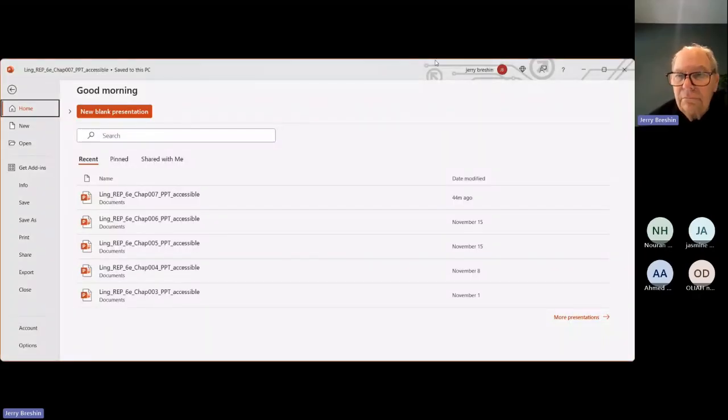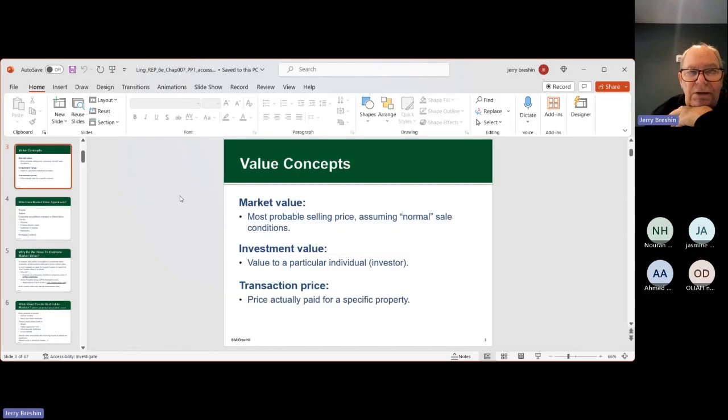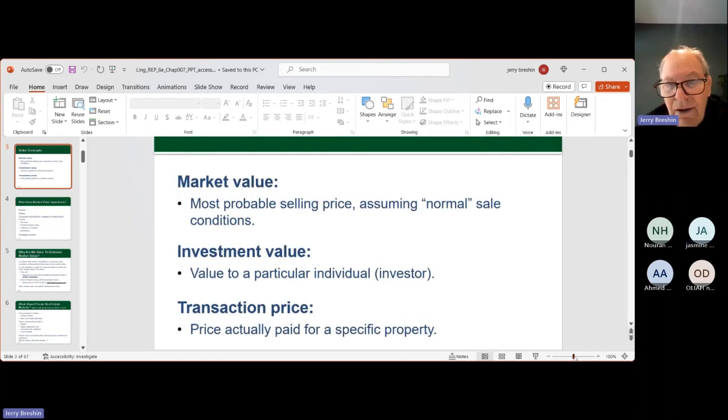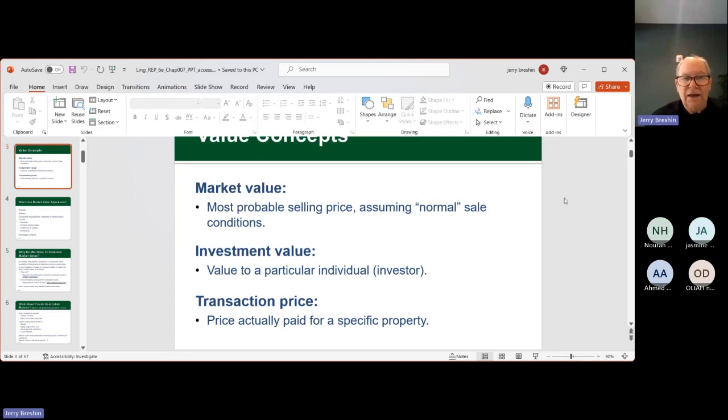Yeah, it's shared now. Yeah, now we can see it. I don't know what was done differently, but this is really strange. Okay, all right, let's continue then.